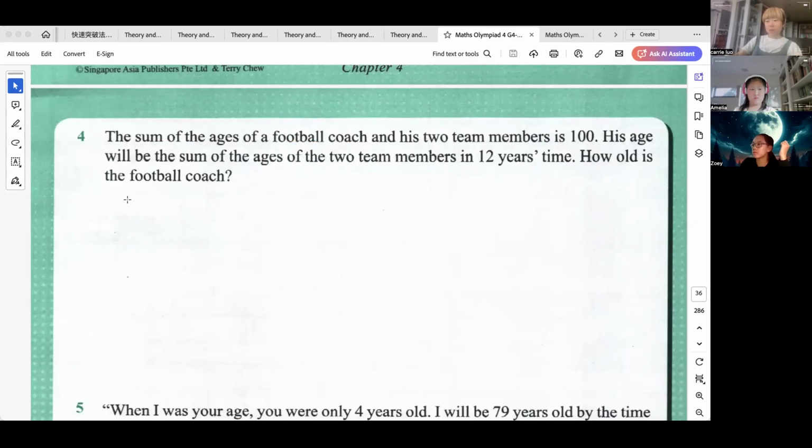Amelia, please read the question. The sum of the ages of a football coach and his 2 team players is 100. His age will be the sum of the ages of the 2 team members in 12 years' time.